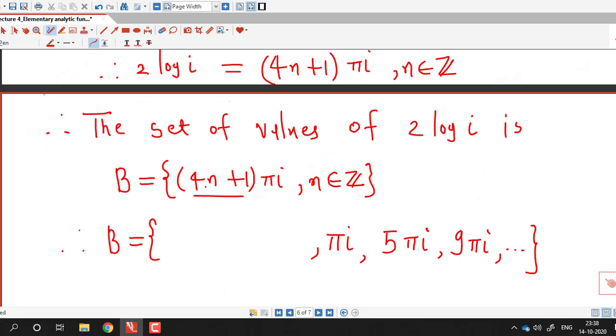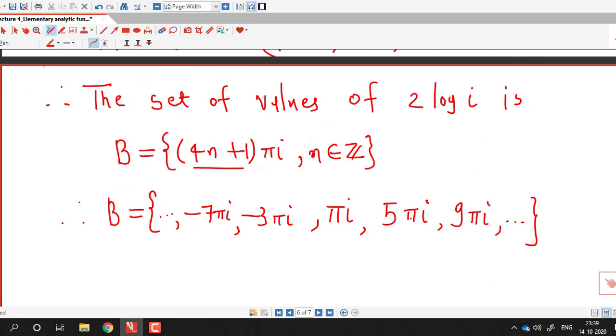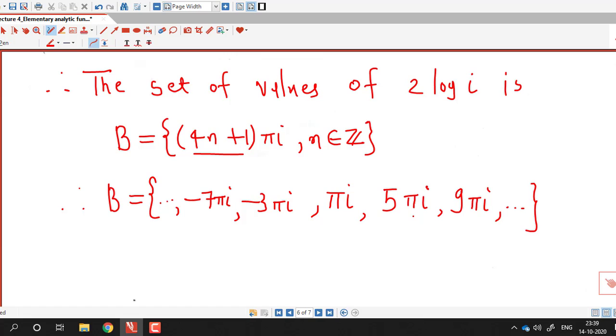For n equal to minus 1, I obtain minus 4 plus 1, that is minus 3 pi I. For n equal to minus 2, I will have minus 8 plus 1, which is minus 7 pi I. So this is the set of values of 2 log I, and it is denoted by capital B.